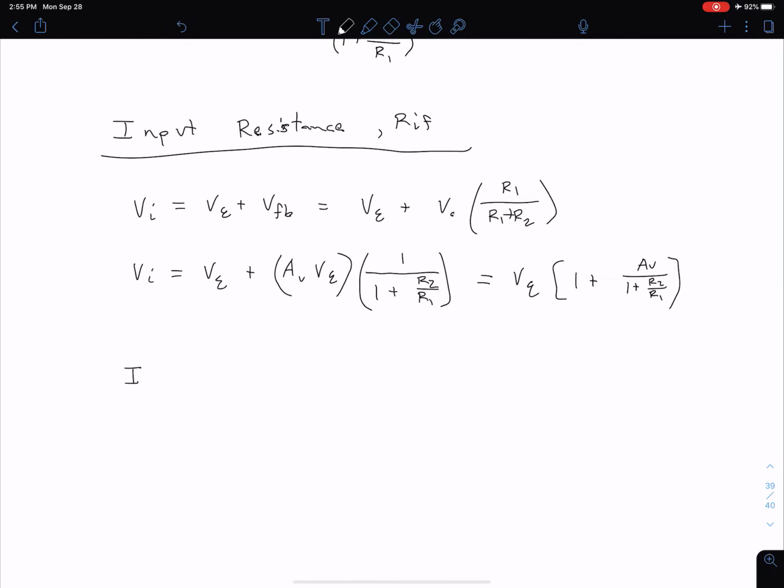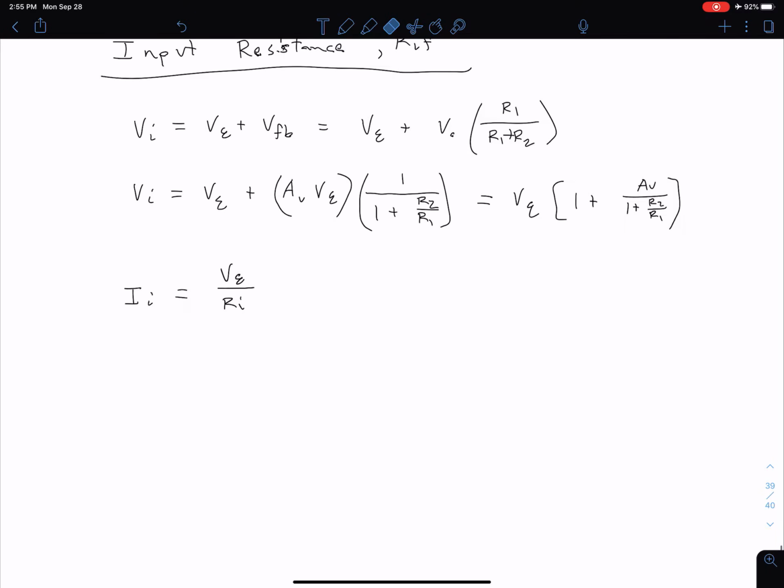Okay, so our I sub I is equal to V epsilon divided by R sub I. And our R sub I is just going to be some property of our operational amplifier. So then we can come back and say that this input resistance with feedback is equal to our input voltage divided by our input current.